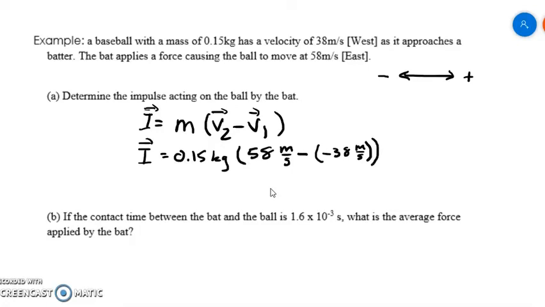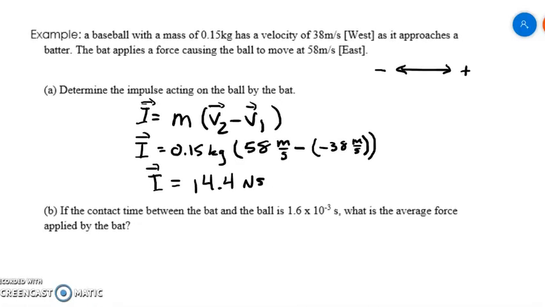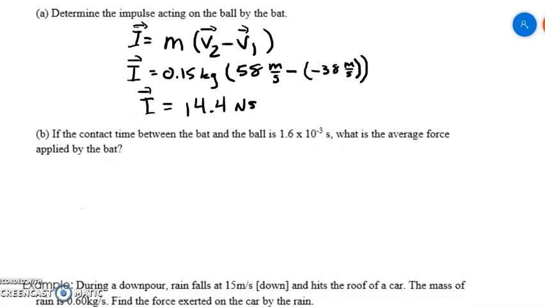Okay, so this is v2, 58 meters per second east, minus v1, which is 38 meters per second west. And when we do that whole calculation, we should end up with an impulse of 14.4 newton seconds, or kilogram meters per second. Honestly, you can switch between those units and it doesn't matter. So that's how much impulse is taking place in whatever time it's occurring in.